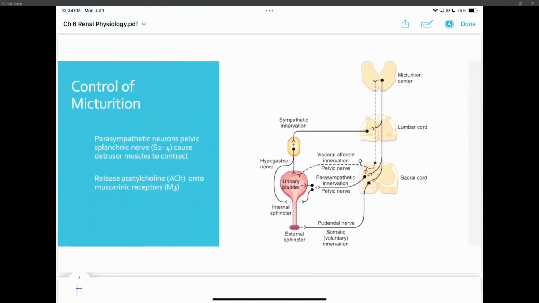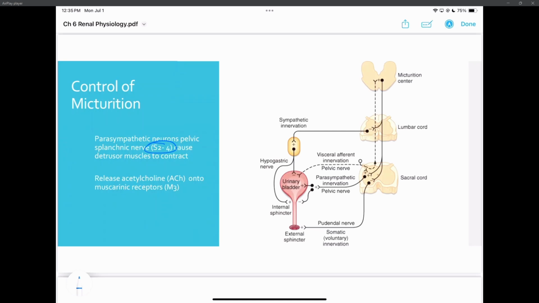We also have parasympathetic innervation, and that's through S2 and S4. They cause the detrusor muscle to contract. The detrusor muscle is the actual bladder muscle itself. So if we're squeezing the bladder, contracting it, all the urine only has one direction it can go: out the urethra and out.